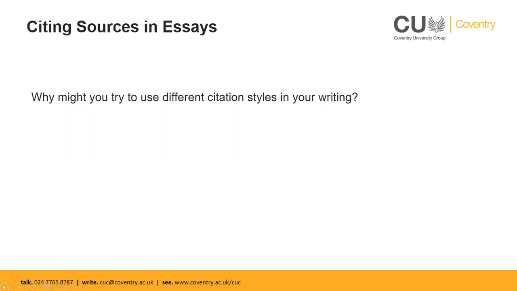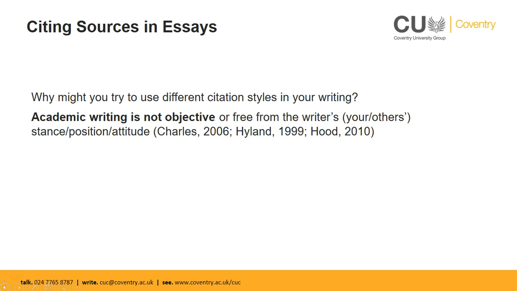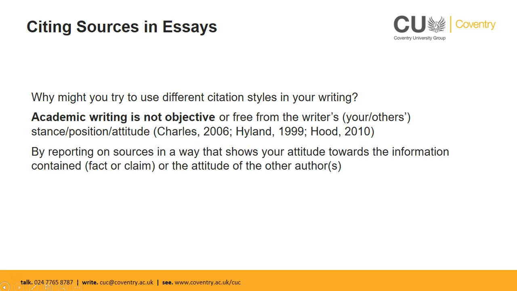So, why might you try to use different citation styles in your writing? Well, academic writing is not objective. You want to try and write in as objective a way as possible, but it's not objective. And it's not free from your stance, your position, your attitude, okay?